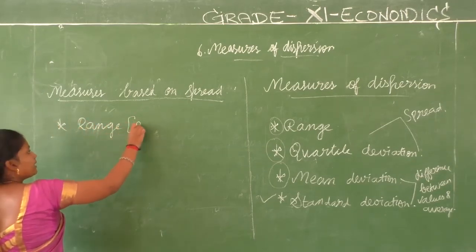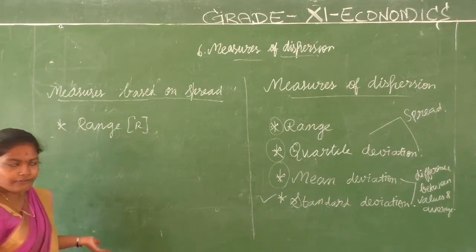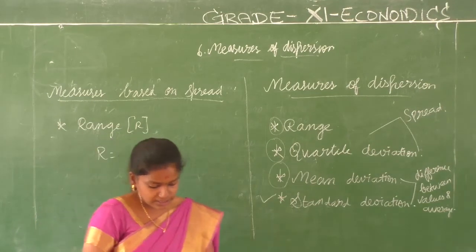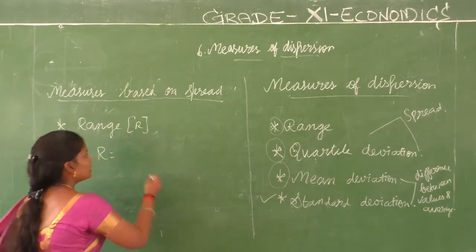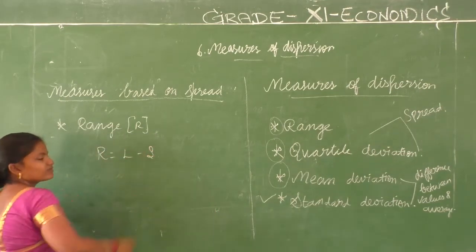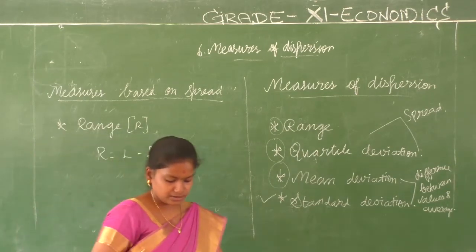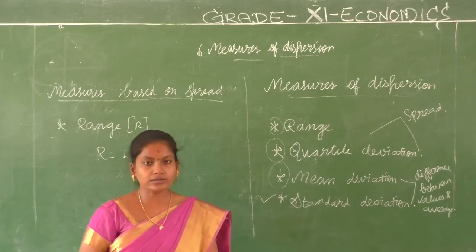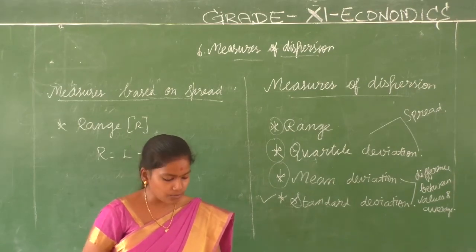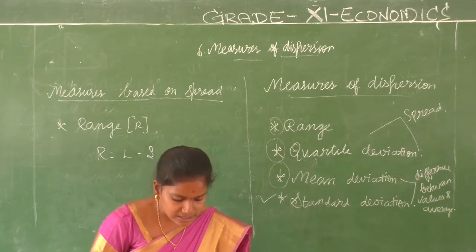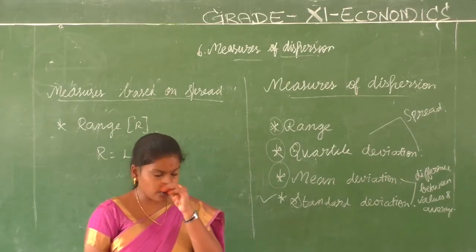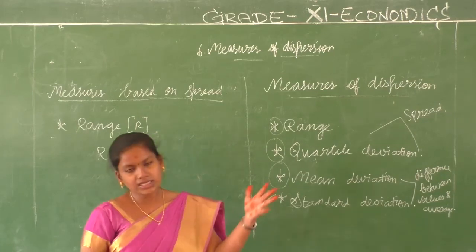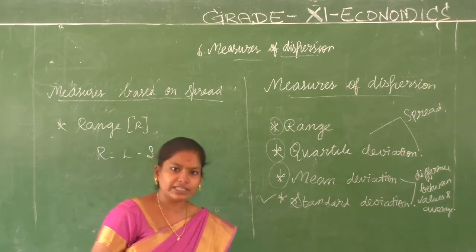Range is marked by R. And how do you find R? You just take the largest value and smallest value and deduct. That's the range. Very simple. So a higher value of range implies higher dispersion and a lower value implies lower dispersion. For example, in the income example that we have seen, the highest income value was 50,000.